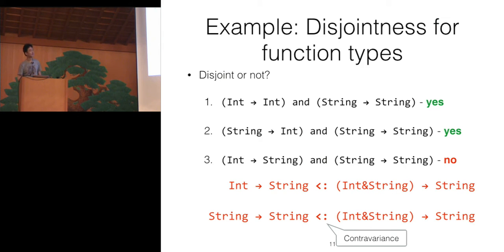We can find a type that is actually a supertype of both of them, which takes integer and string, and the codomain is string. Since there's contravariance of the function type here, you can see this violates our definition on the previous page. So the 2 types are no longer considered disjoint in this case.